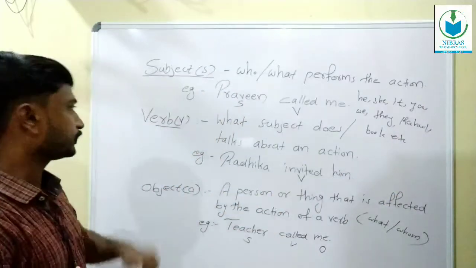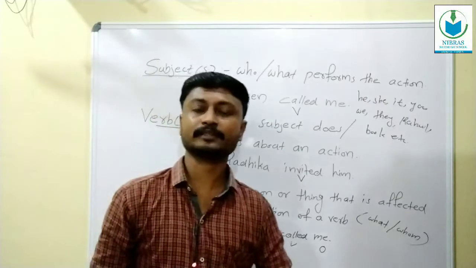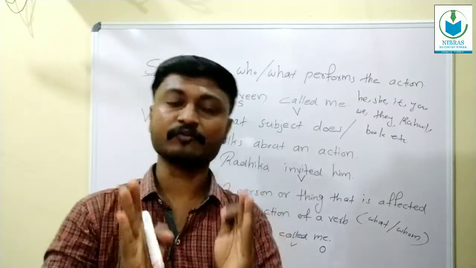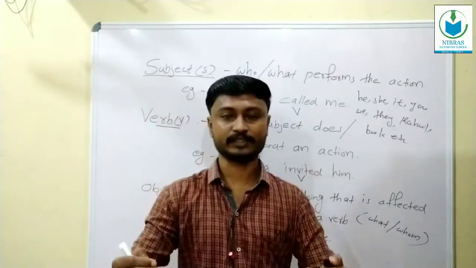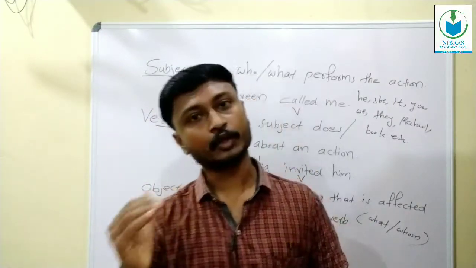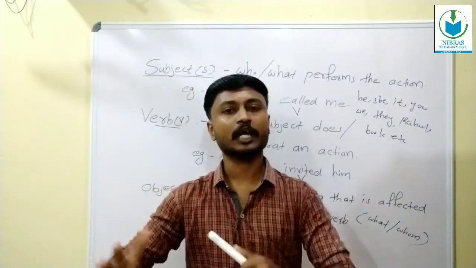And you know that every verb has three major forms: V1, V2 and V3. For example, go, went, gone. Go is the base form or V1 of the verb go.